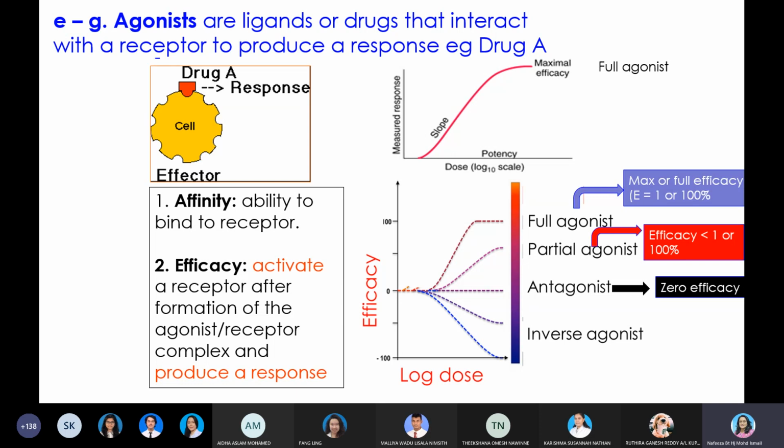The difference is drug A does it at a much lower dose, 5 milligrams, while drug B has to do it at a higher dose, 500 milligrams. So we say drug A is more potent than drug B. Clear? Clear, thank you. All right, okay. So, knowledge check on potency. The next slide.